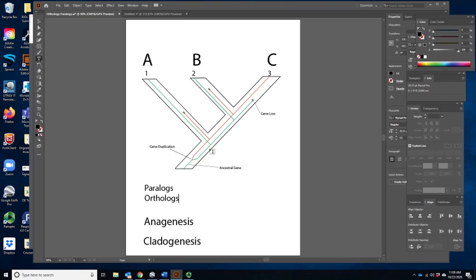All right, so this is where it can get a little bit complicated, and I purposely did this to show you how this idea of gene duplication and paralogy and orthology can make our gene history potentially different from our species history if we don't understand the complete history of the genes.